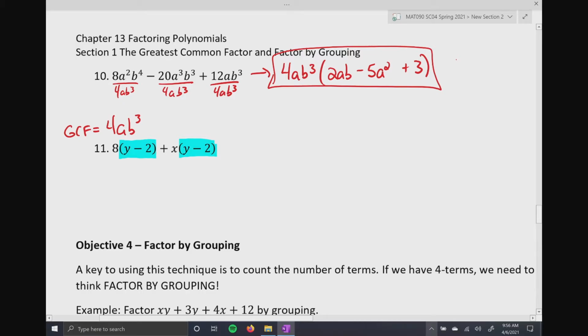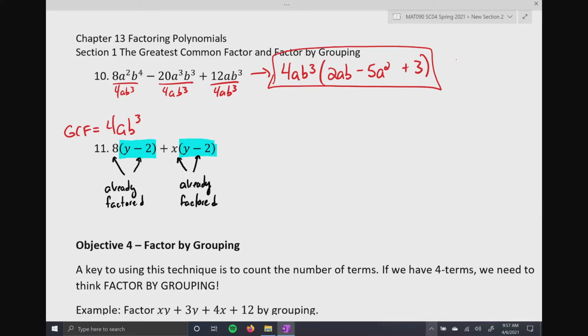Notice both terms have a y minus 2 in common. Do we agree with that? Yes or no? I mean, if you think about it, the 8 times y minus 2, that's already factored.